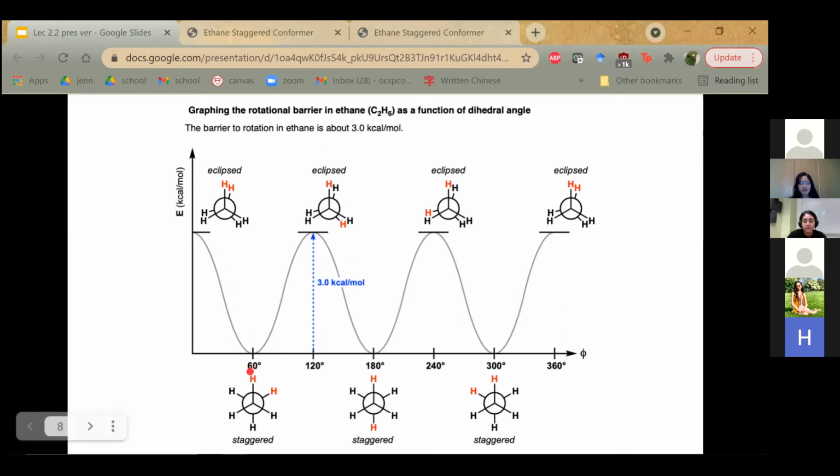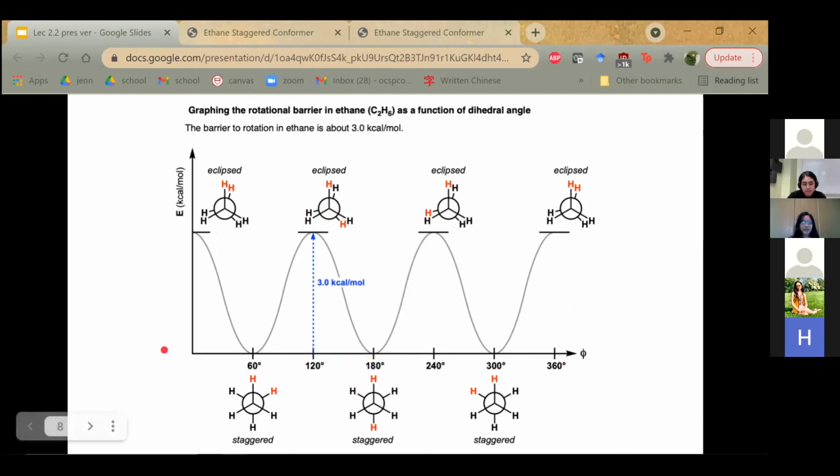So at 60 degrees between the two, it's staggered. Once it's 120 degrees, this hydrogen is overlapping with the next substituent, so it's back to being eclipsed. Eclipsed, staggered, and at 360 degrees, it returns back to what it was at 0 degrees. You've just cycled back to the beginning. As we said before, your eclipsed conformation is highest energy, and your staggered conformation is going to be your lowest energy.